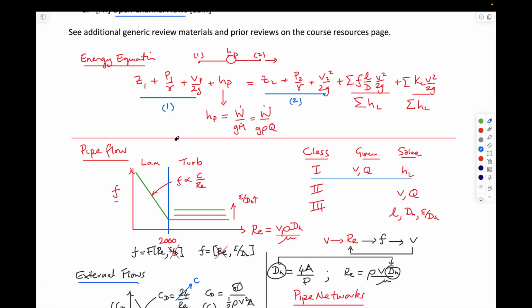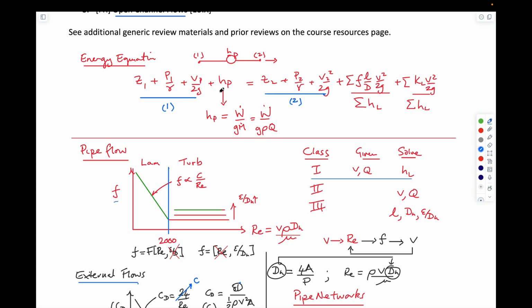So looking at flow in pipe networks, you can use the energy equation, which turns out to be Bernoulli, written between upstream and downstream, importantly, with a pump head on the left-hand side and major and minor losses on the right-hand side, the sum of them within the circuit.